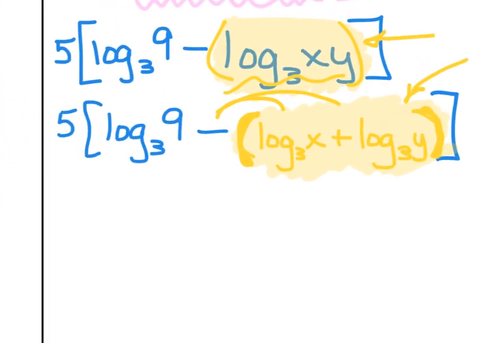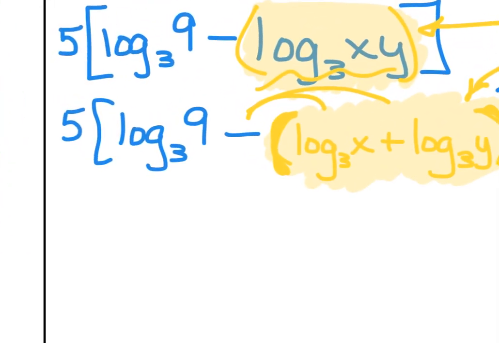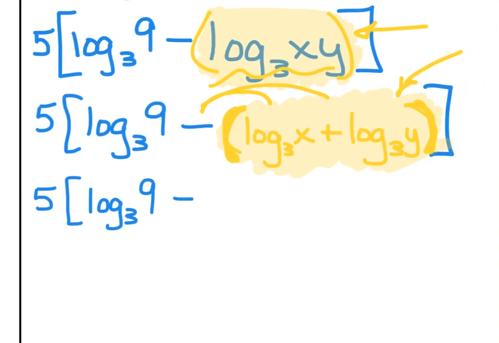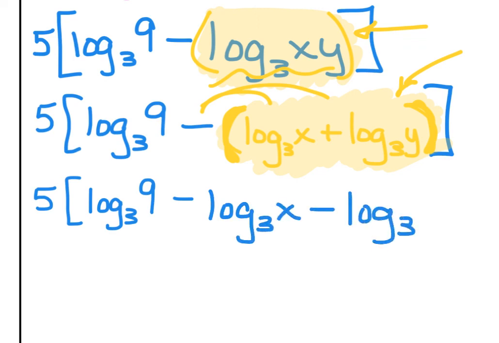When I say I'm going to need to distribute the subtraction, here's what that's going to look like. I'm going to keep that 5, log base 3 of 9, minus, and then distribute a negative 1, so minus log base 3 of x minus log base 3 of y. And again, let me highlight. All of this was a result of what was in the highlighted parts from the 2 steps above.